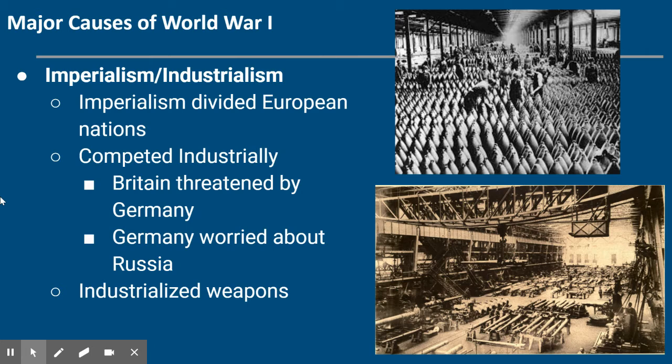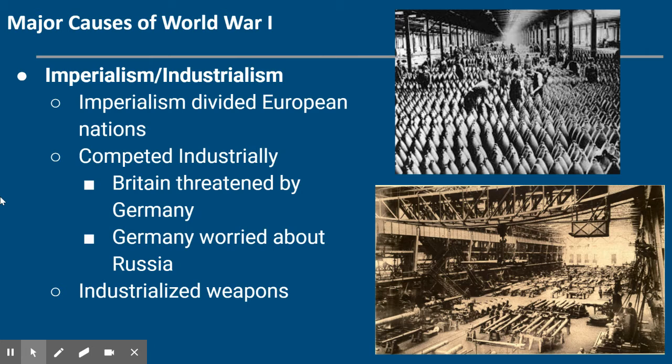So if your economy was more powerful than your enemies, it made you look better. Germany threatened Britain being the most powerful country in Europe, so Britain wanted to hold on to that advantage. And Germany, in turn, was worried about Russia because Russia had a huge land area. They had a lot of potential power, and Germany was worried that they were going to be overtaken.